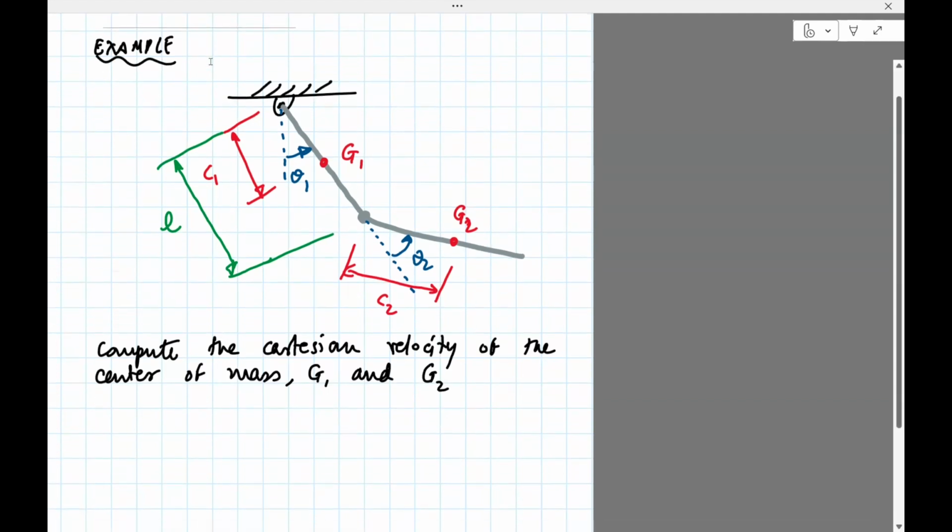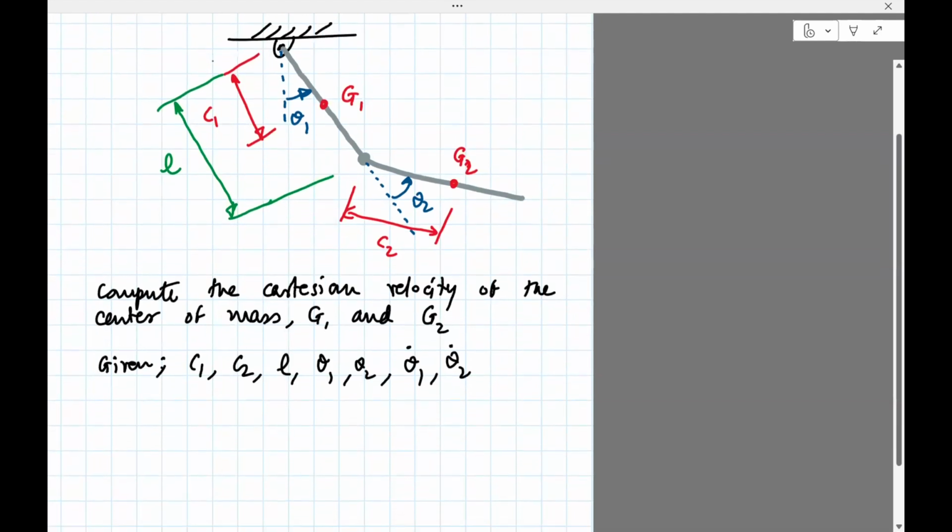And so what we're given, here's a given. So we are given C1, C2, L, theta1, theta2. We are also given the rate of change of those angles. And we are asked to compute the velocity of G1 in frame 0, unknown, and the velocity of G2 in frame 0, unknown.